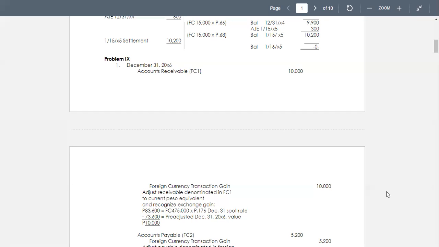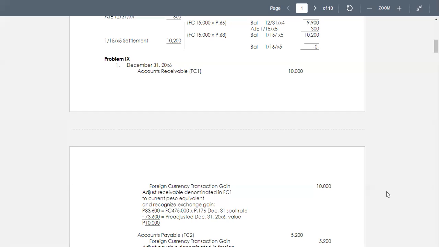Now, 73,600 is already given. So that's the pre-adjusted value on December 31, 2026. So there's a difference equal to 10,000 that should be recognized as foreign currency gain. And at the same time, that will increase accounts receivable in connection with the exportation. So the entry now is to debit accounts receivable and to credit foreign currency gain.